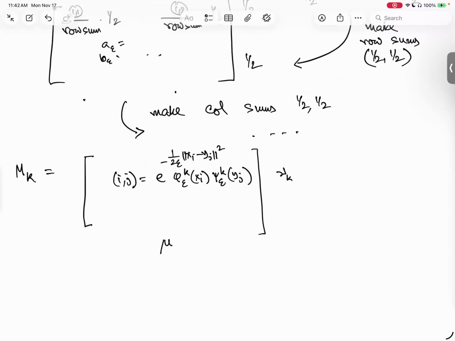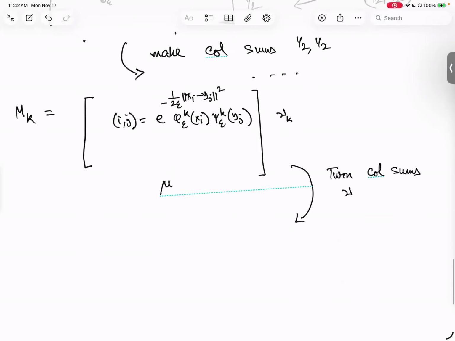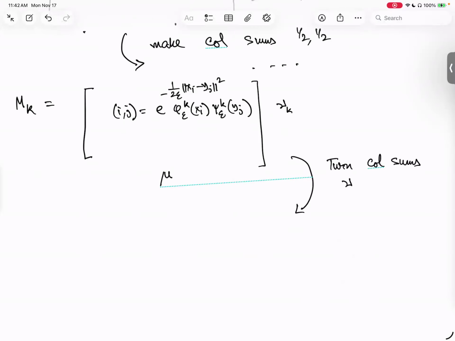Now my first step would be to turn column sums to nu. So how will I do this? In my new matrix, I would call this M_k prime.